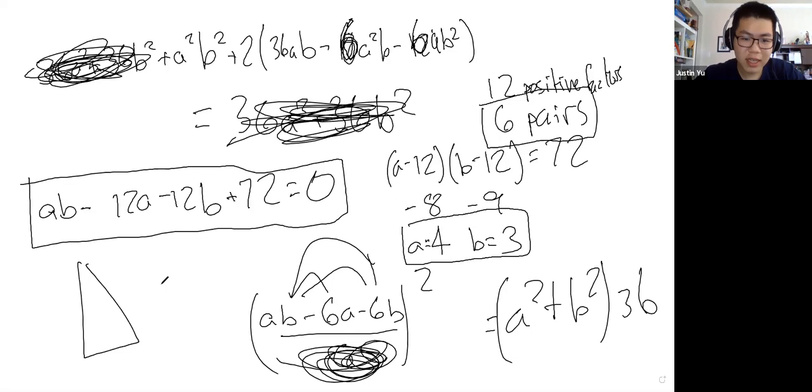This triangle and that triangle are still technically the same. 4 and 3 don't work because they just don't if you plug them in. I'm not sure. Yeah, because then I think this is negative instead of positive. So that's what makes it weird.